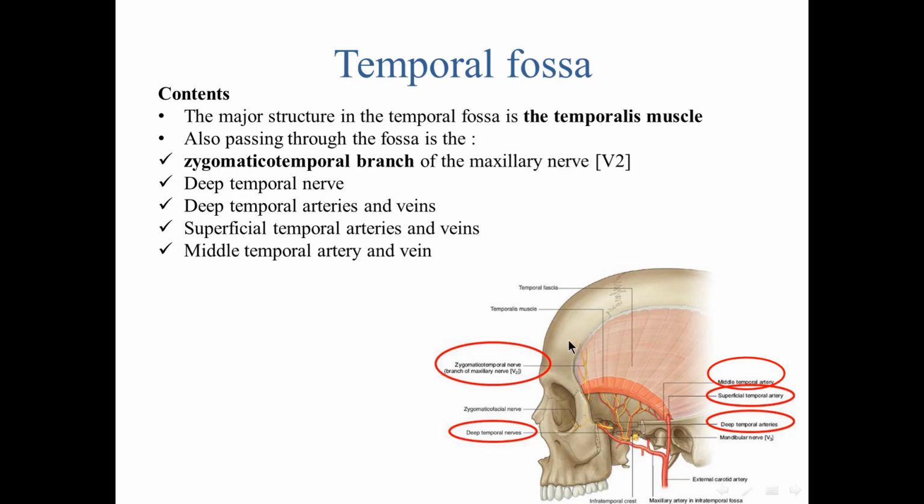The deep temporal nerves pass above the lateral pterygoid muscle to enter the deep surface of the temporalis muscle.